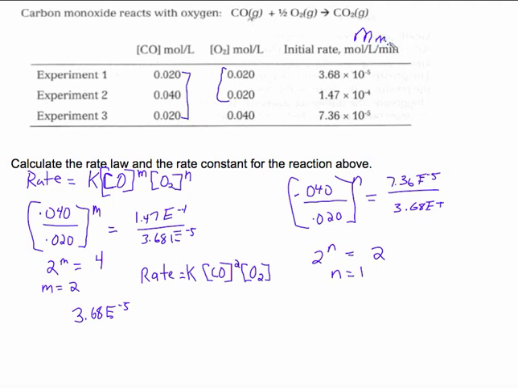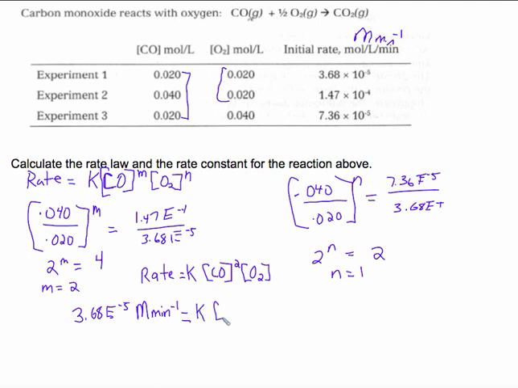So my units are molarity, minutes to the -1, which means the same as divided by minutes. Do you see that that unit right there is the same as this unit right here? Now, that's going to equal K.